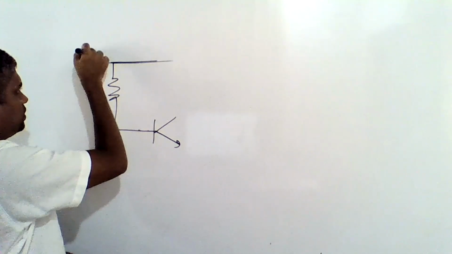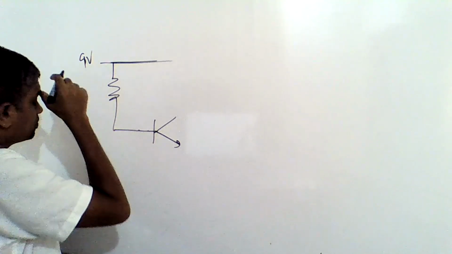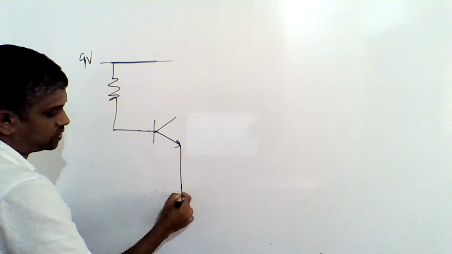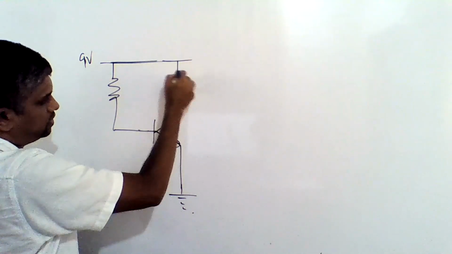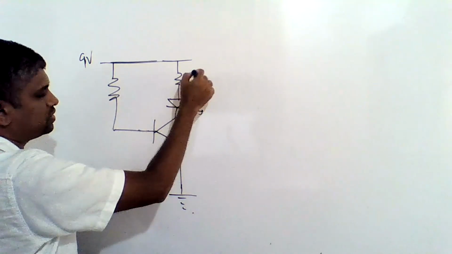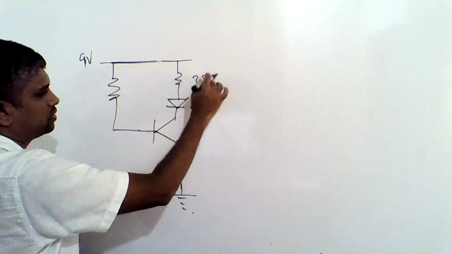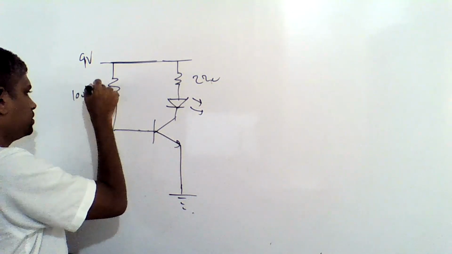This is the supply voltage. We are dealing with 9 volts. This terminal will be grounded. Here we are going to use a resistor and an LED, the typical circuit that we use. This is 220 ohms, and this is 100 kilo ohms that we use.